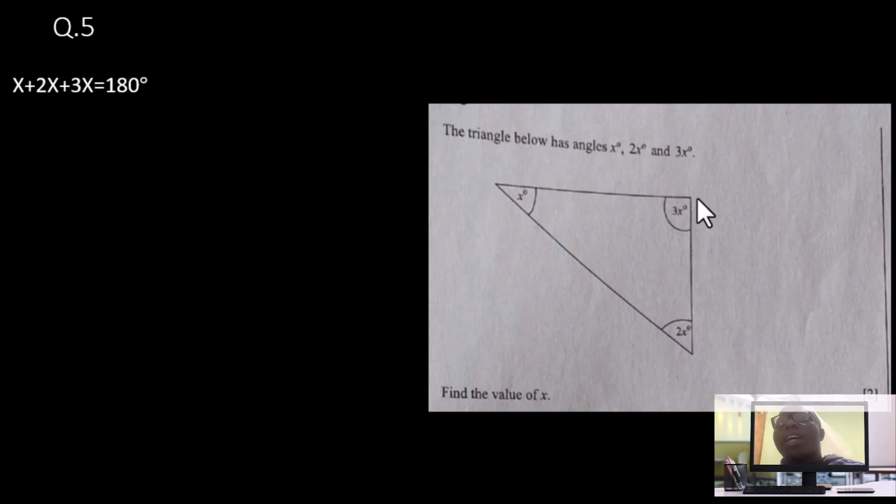When we add all this up, we have 6x equals 180. We are now going to divide both sides by 6, so this 6 and this 6 cancel and it remains with x. Then 180 divided by 6 is going to give us 30 degrees. So this is basically how we are supposed to answer this question.